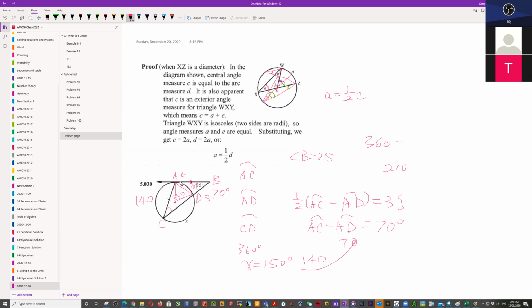Then I can find AD is 70. And so this is the outside angle. With the outside angle, the two arcs, AC minus AD, equal 70. So that actually helped me to solve it.